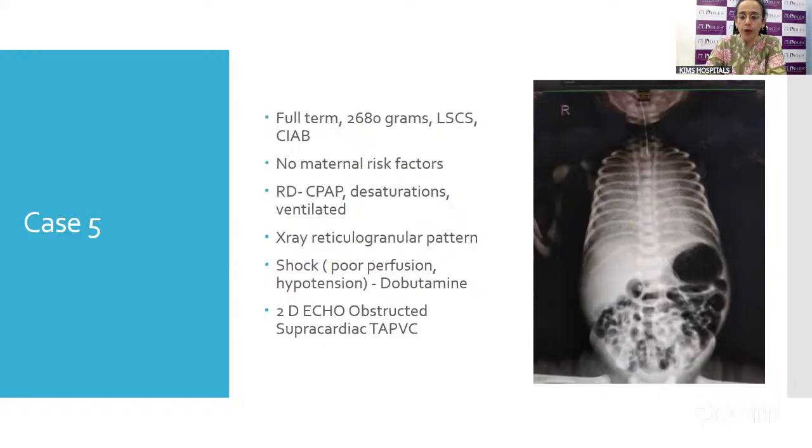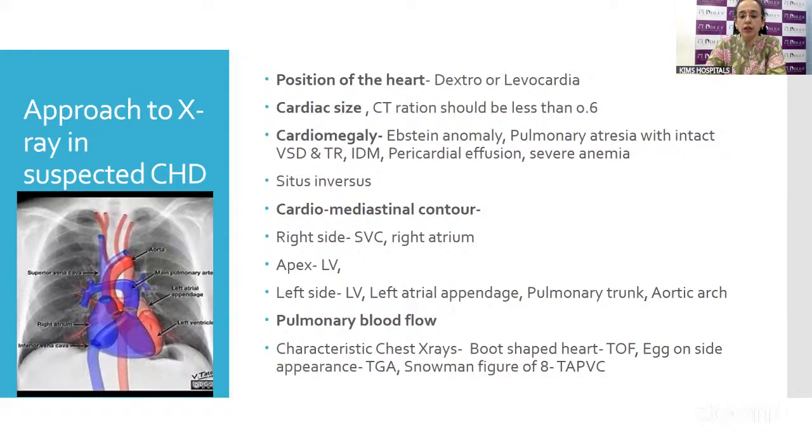The baby was operated, and post-operatively, the baby was continued on the mechanical ventilation. So coming to the X-ray approach in the suspected CHD, we can note down certain points whenever we are commenting about the size of the heart and the position.